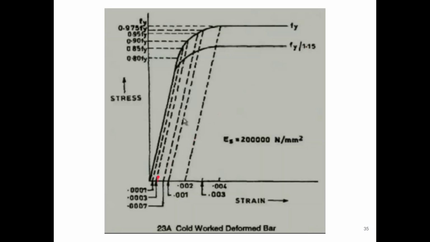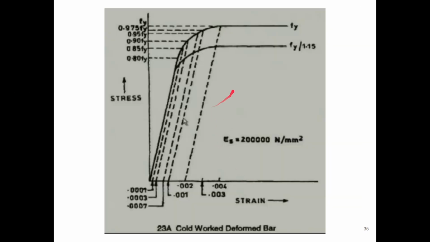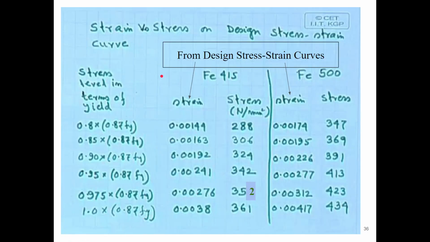Using these material curves, this is a stress strain curve for cold worked deformed bar. Similarly, for the type of rebar we are using, we use the stress strain curve to find out the strain and the stress values. For example, 0.87 Fy is the design yield strength.